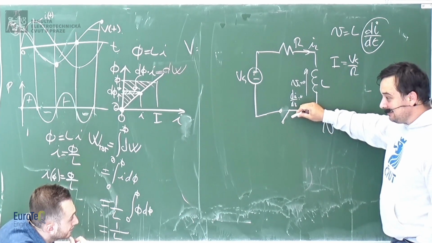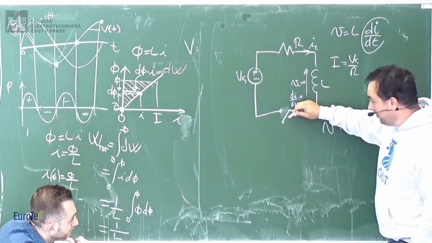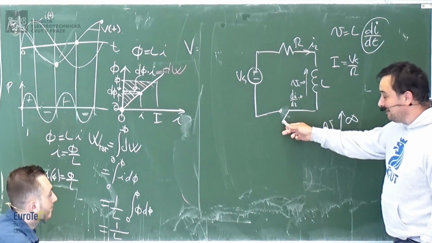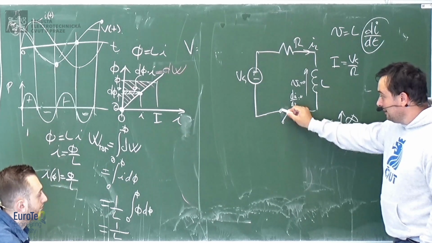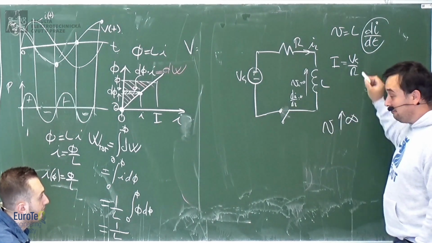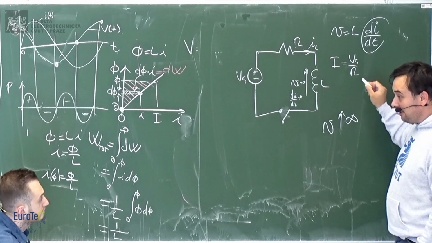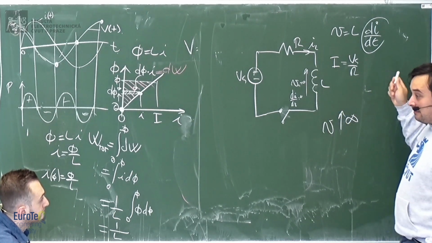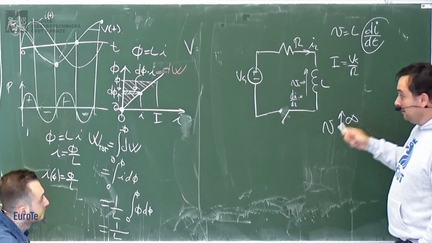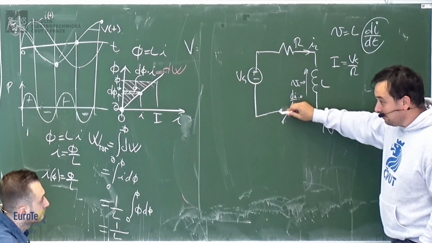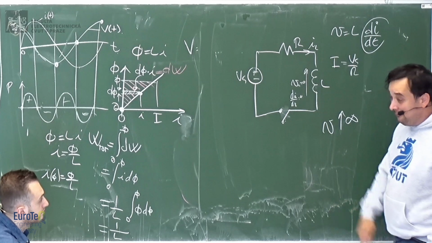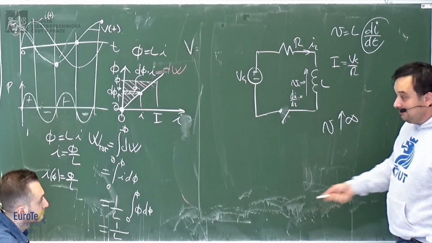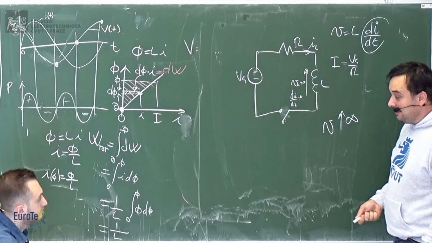And which means that there will be a spark. Yeah, exactly. There is a spark because you try to impose an infinite derivative of current, and the circuit responds with an infinite voltage. So between the points of the switch there will be a very large voltage as a result of your attempt to break the current.